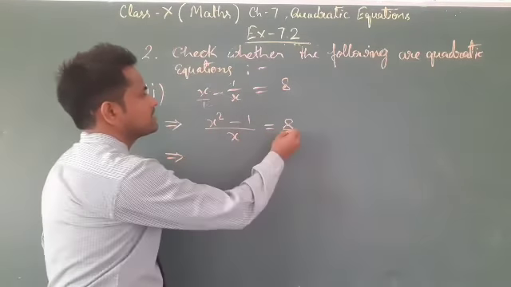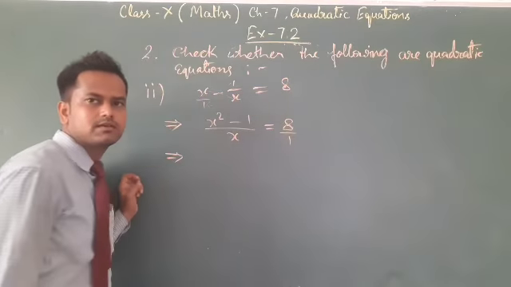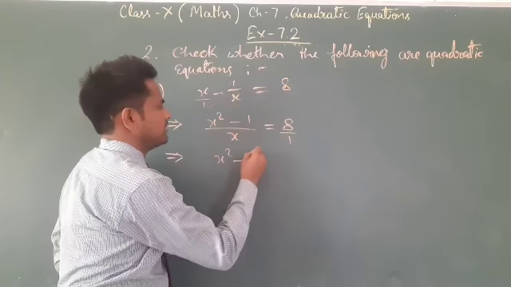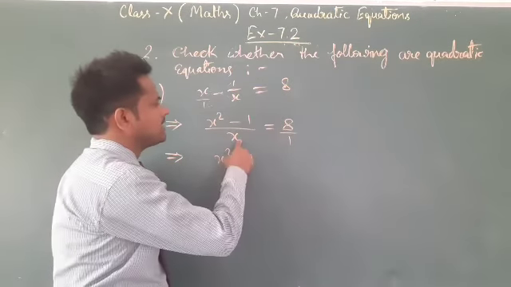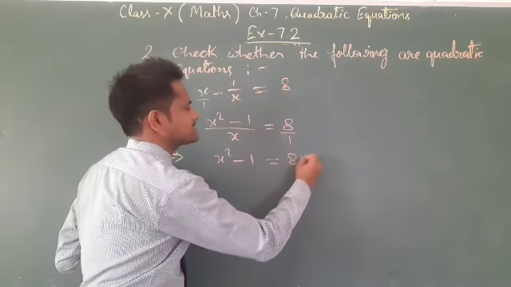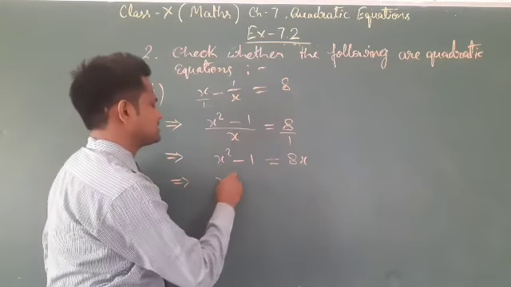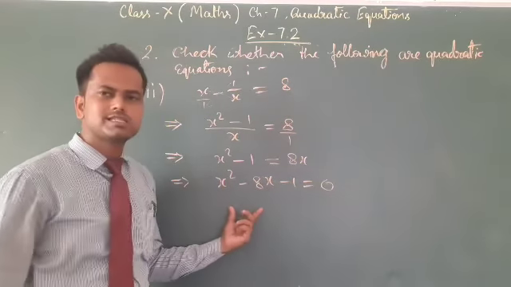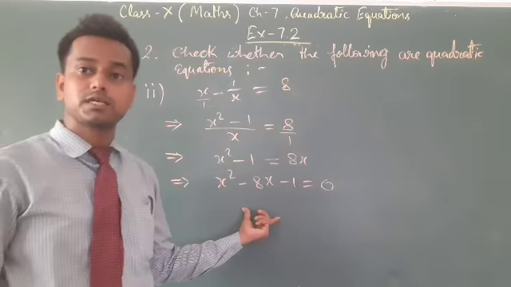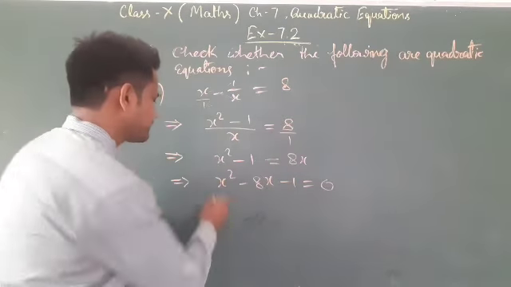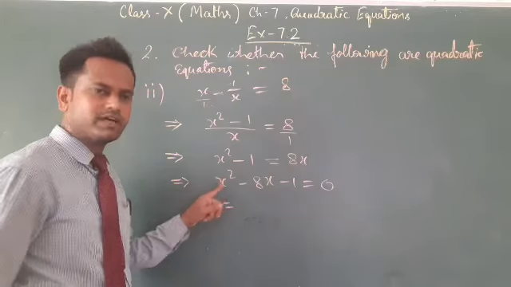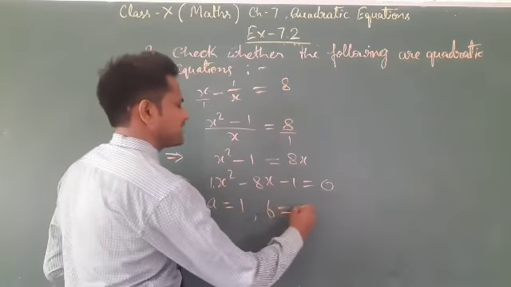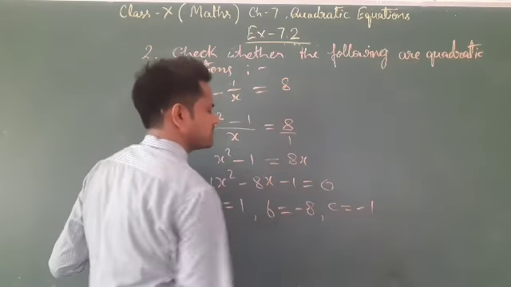So here 8 can be written as 8 by 1, then cross multiply, 1 into x square minus 1, x square minus 1 and x into 8 will become 8x. Transpose it, then x square minus 8x minus 1 is equal to 0, which is in the form of ax square plus bx plus c, where a is the coefficient of x square, which is 1, then b is equal to minus 8 and c is equal to minus 1.